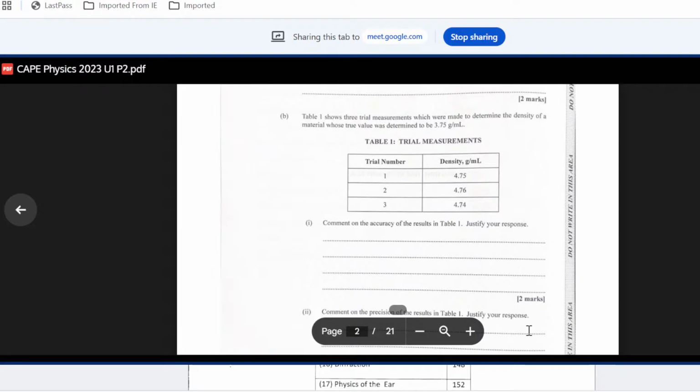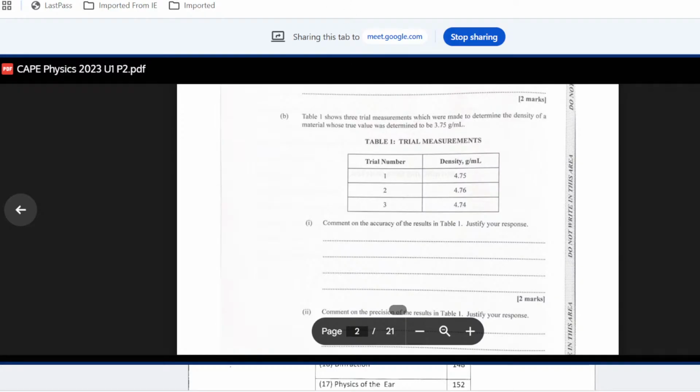Alright, so we have a table here with some measurements which were made to determine the density of the material whose true value was determined to be that. Of course, we can comment on the accuracy and the precision of these measurements. They are highly inaccurate, but very precise.